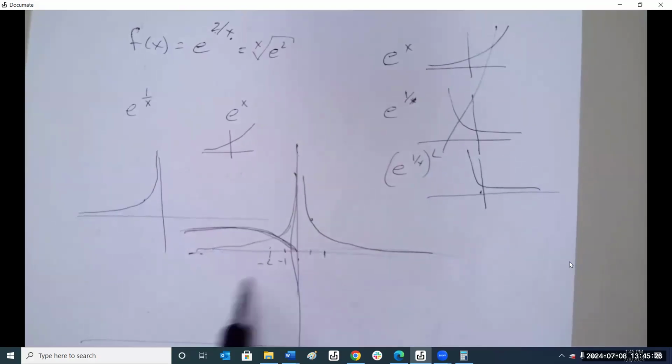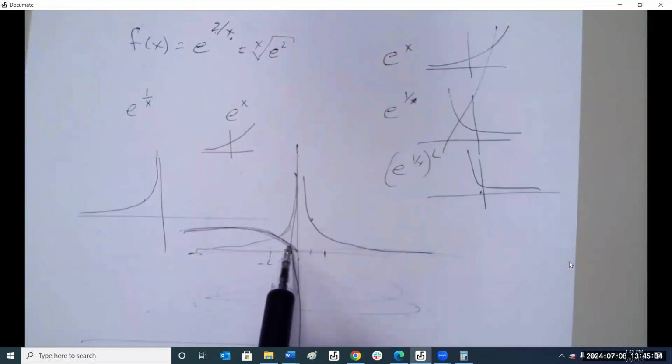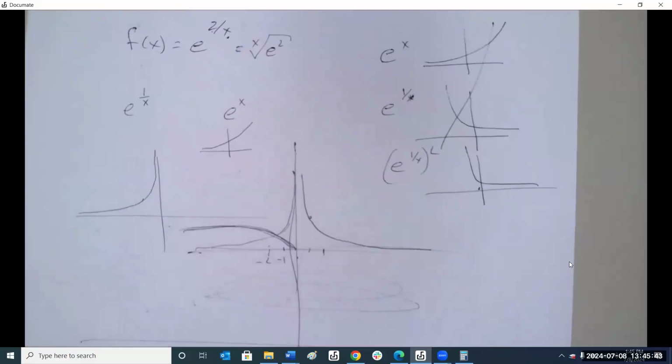Yeah, because we know that e cannot be negative. This side here, when x is positive, it's a decreasing function. It's just that when x is negative, we have 2 over a negative number, which has to be increasing as it gets negative. Thank you. That's the part I was missing.